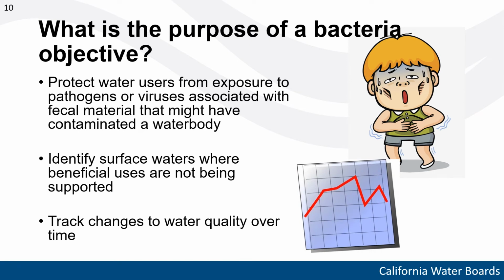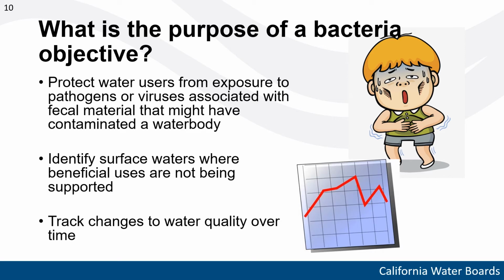Let's take a minute to talk specifically about the purpose of bacteria water quality objectives. Measuring bacteria in surface waters is not a new concept. Scientists have been monitoring the bacterial quality of waters for public health purposes since the late 19th century. The first bacteria water quality objectives started to appear in the early 20th century, and they were mainly applied to drinking water sources.